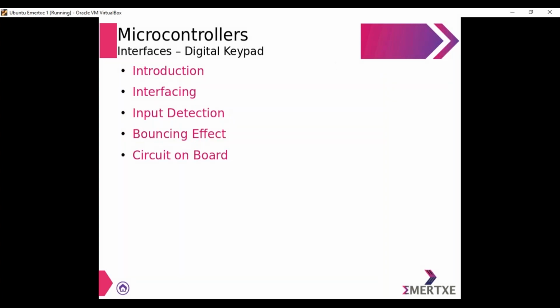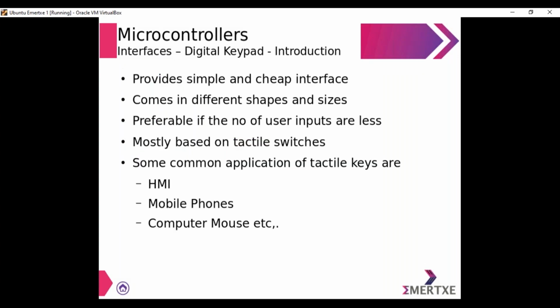Now to start with the very first, we go with the introduction of the digital keypad. This is a very simple and the cheapest interface. It offers you a simple interface. It is the one which helps you in the human machine interface.